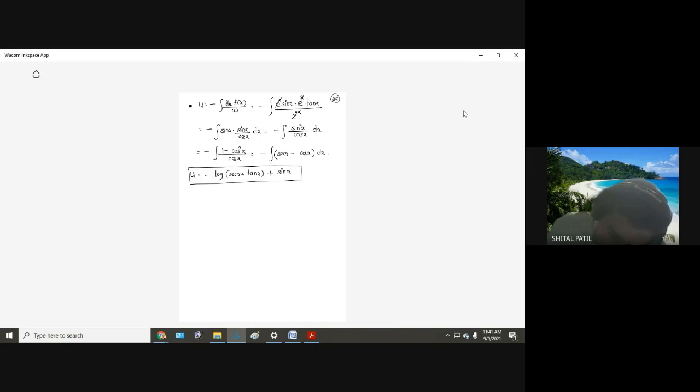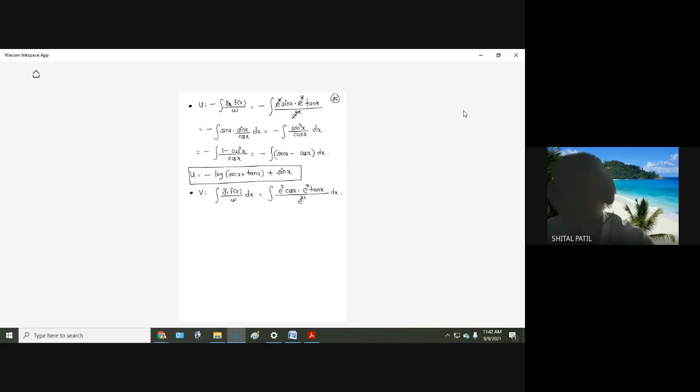Okay. Now write down v, y1 f of x divided by w dx. So simplify. This is simple as compared to the previous part. tan is sine by cos.